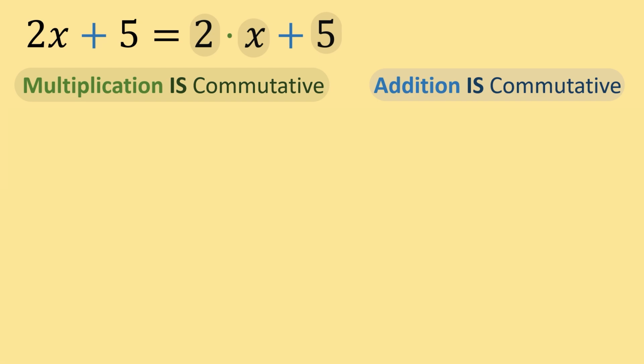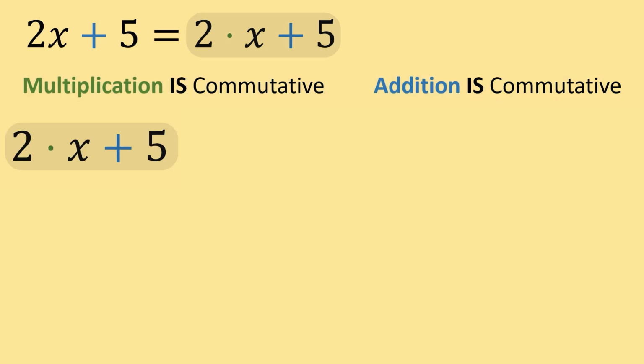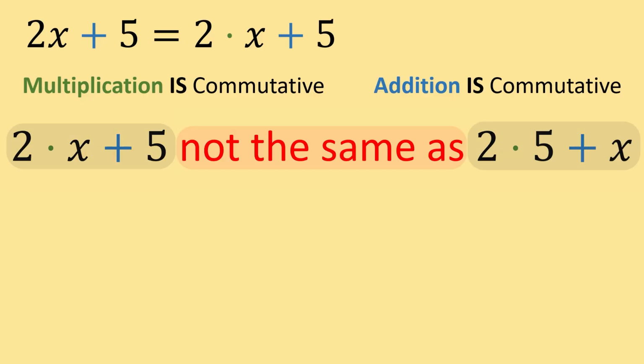For instance, you cannot rewrite 2x plus 5 as 2 times 5 plus x, where you're swapping one part of the multiplication with the term that's being added at the end. These two expressions are not the same. In the original expression, 2 is multiplied by x and then 5 is added. In the second expression, 2 is multiplied by 5 and then the x is added. These are completely different expressions.